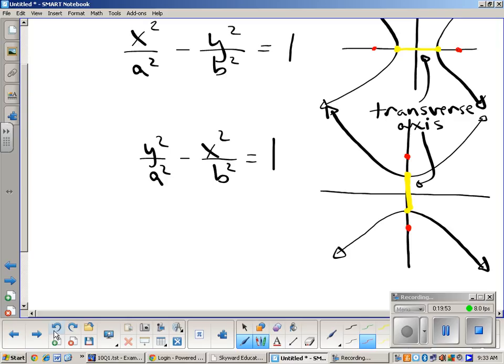I'm going to make a little rectangle here.